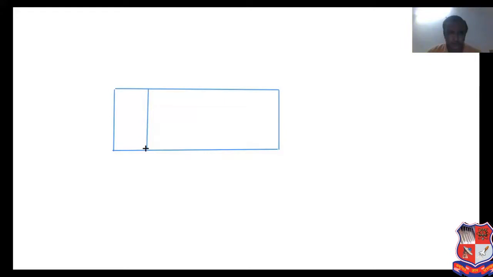Area of emitter is moderate, area of base is low, and area of collector is large. So I have written here emitter, here base, and here collector. Area of collector is always large compared to emitter and base.